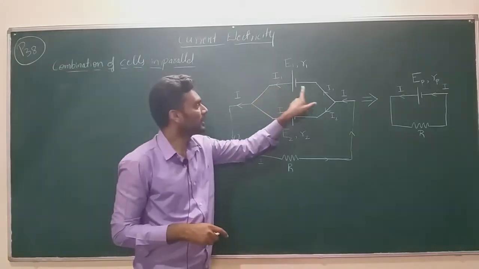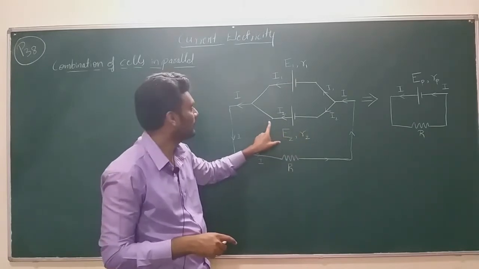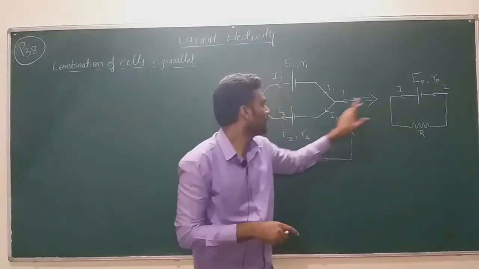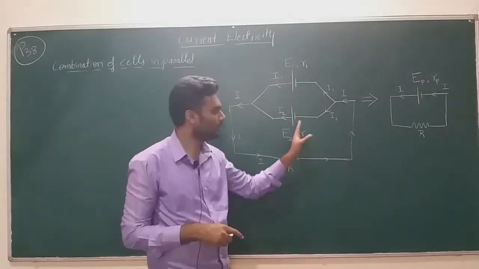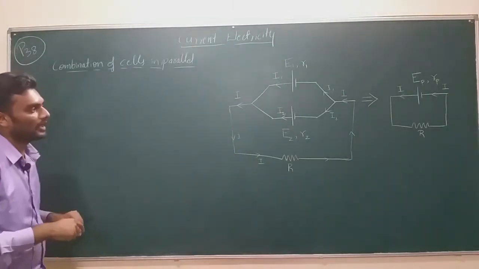Let I1 be the current through the first cell, I2 the current through the second cell, and I the current through the effective cell and the combination. So this is the consideration part of the derivation.